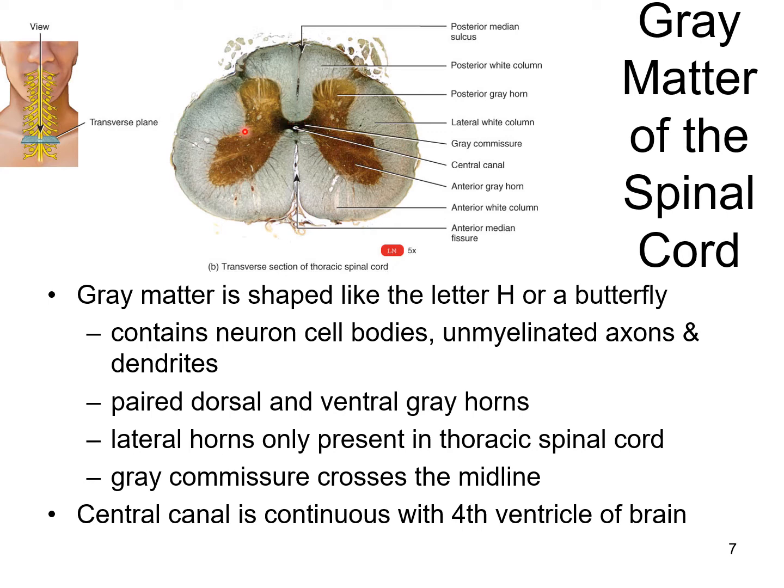The gray matter has cell bodies of neurons, any axons that are unmyelinated, and the dendrites. The gray matter is divided into horns. So we have the anterior and posterior horns.